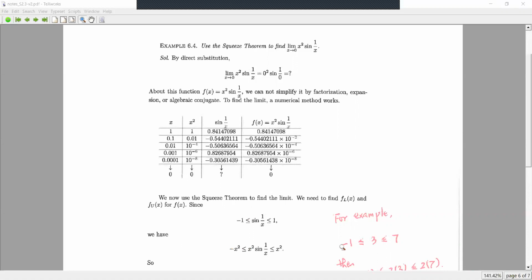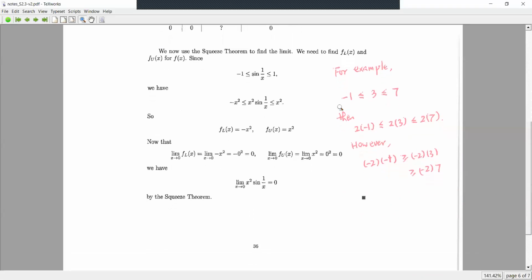For example, the number -1 is less than or equal to the number +1, less than or equal to the number 7. We can multiply these three numbers by a positive number, say 2, to have these two inequalities.